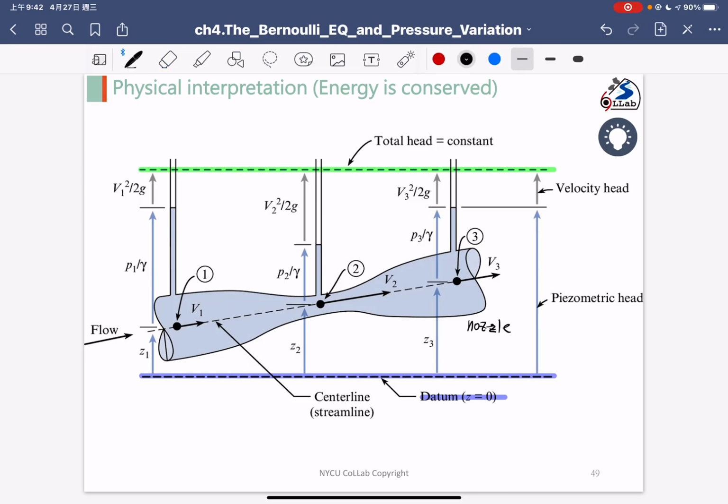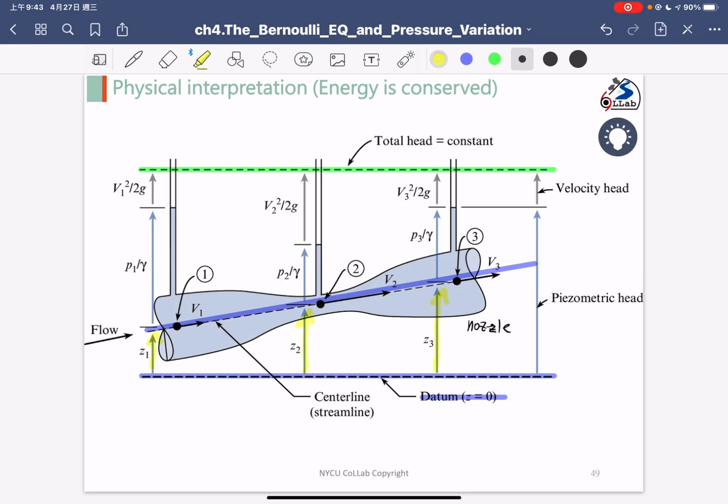If we go from the right-hand side to the left-hand side, the elevation increases. So we have Z1, Z2, and Z3, which increase, right?